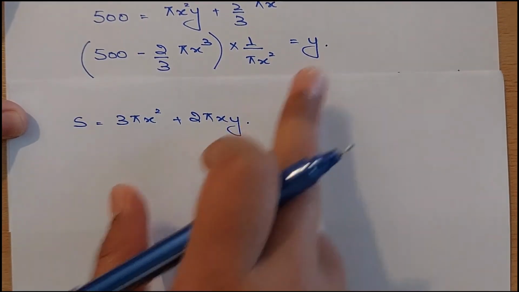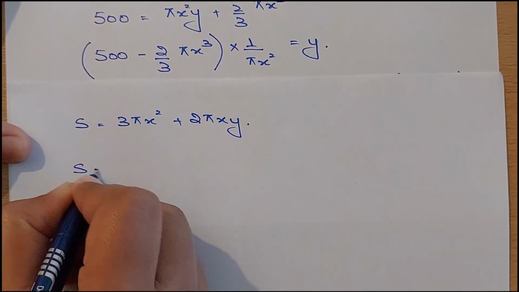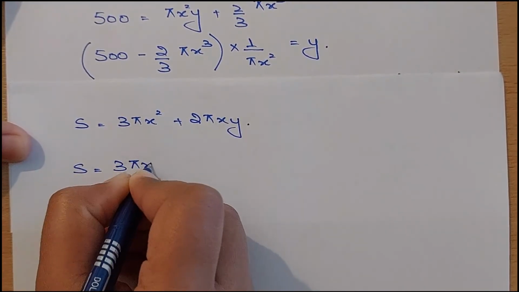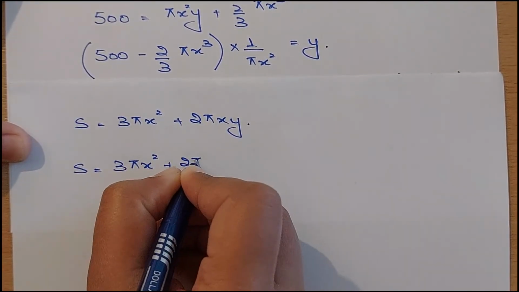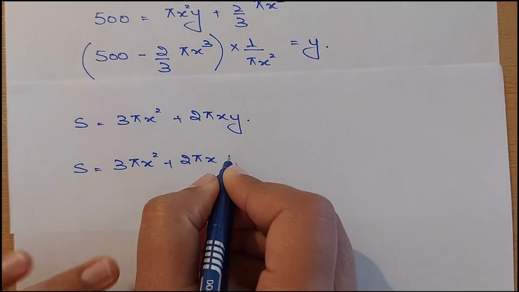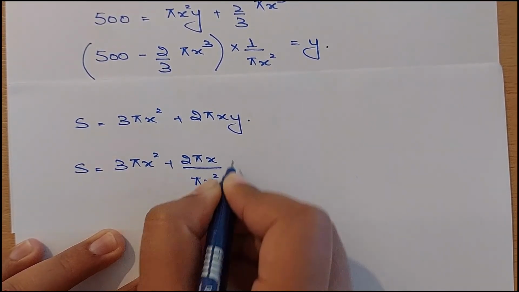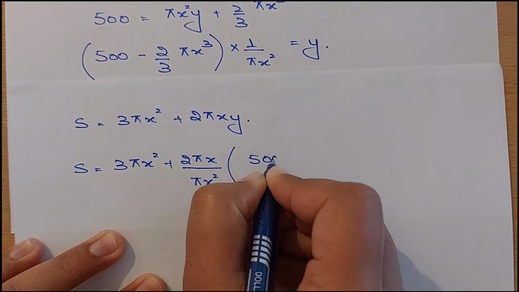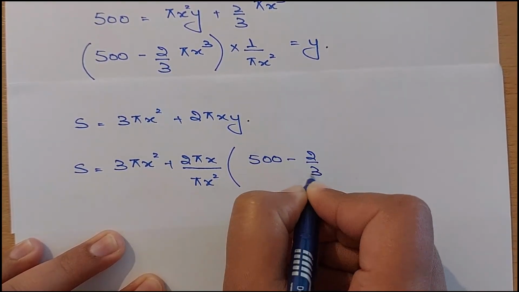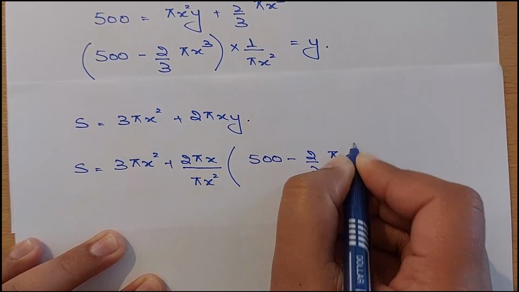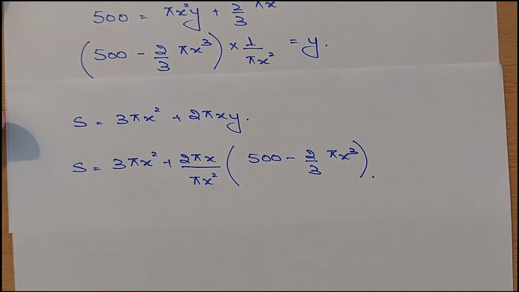So let me substitute the y expression here. So S is equal to 3 pi x squared plus 2 pi x, and y is divided by pi x squared, 500 minus 2 by 3 pi x cubed, right?